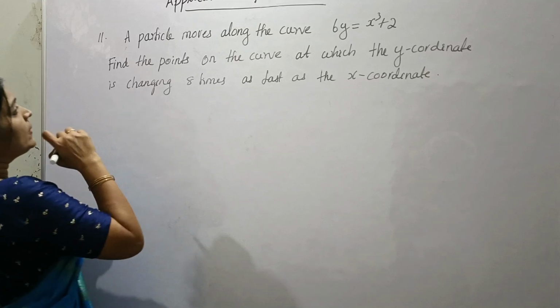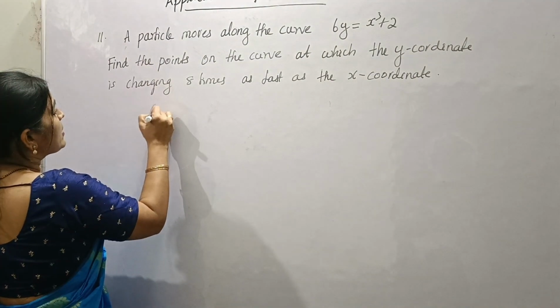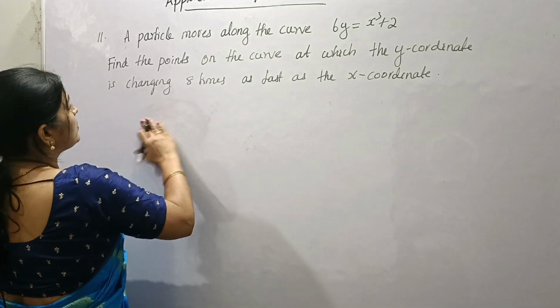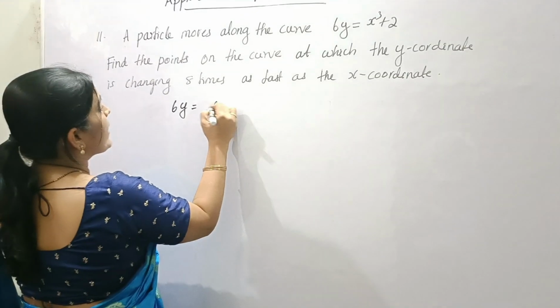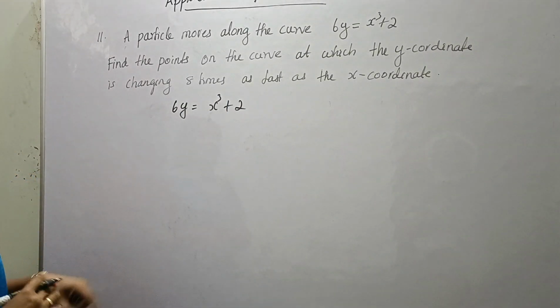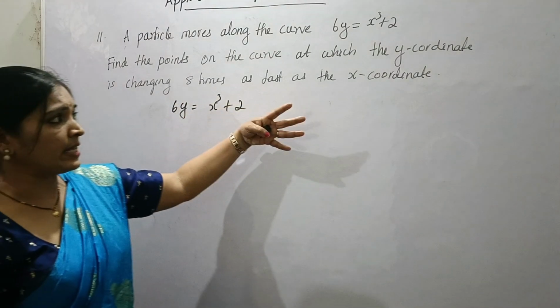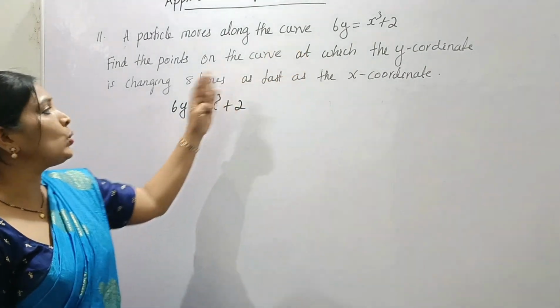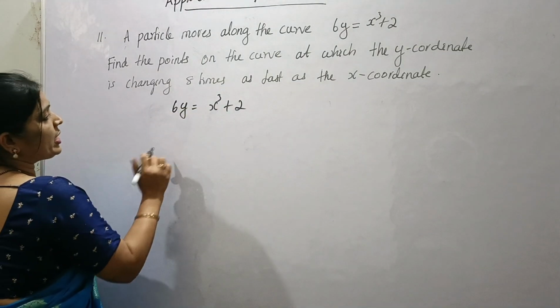First of all, let's write the equation of the curve: given 6y is equal to x cube plus 2. Then let's differentiate it with respect to t, because it is given dy by dt is equal to 8 times dx by dt, right?